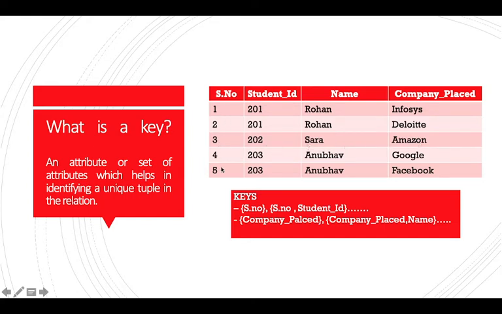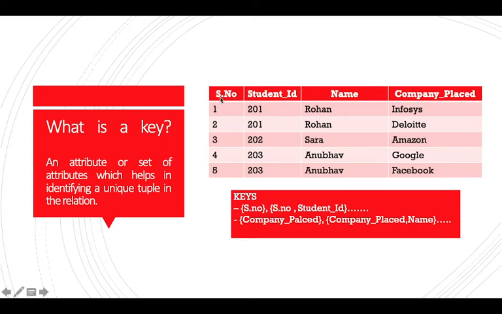Because there's no other 3 in the student number column. If I'm selecting 3, then it is only going to fetch me student ID 202, name Sarah, and company placed Amazon, right? If I select 2, then it is going to fetch me 201, Rohan, and Deloitte, alright? So any column that can fetch me a unique record can be called a key.